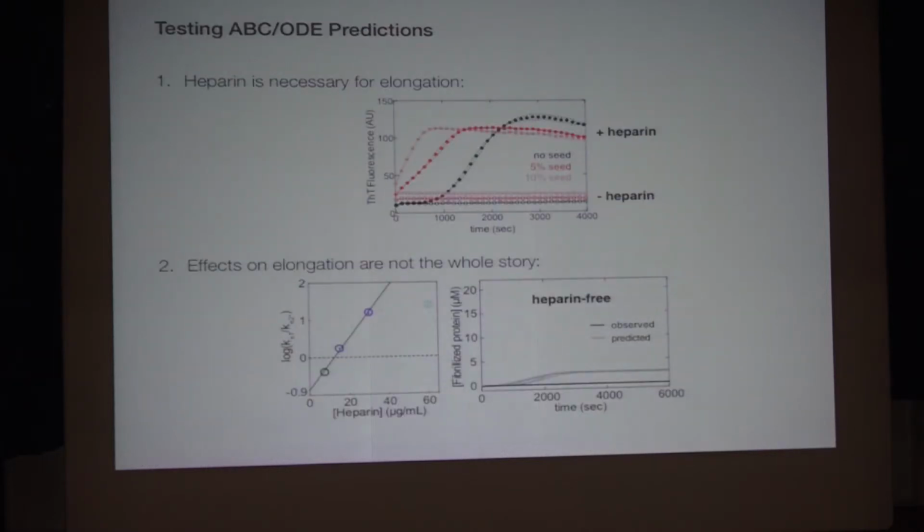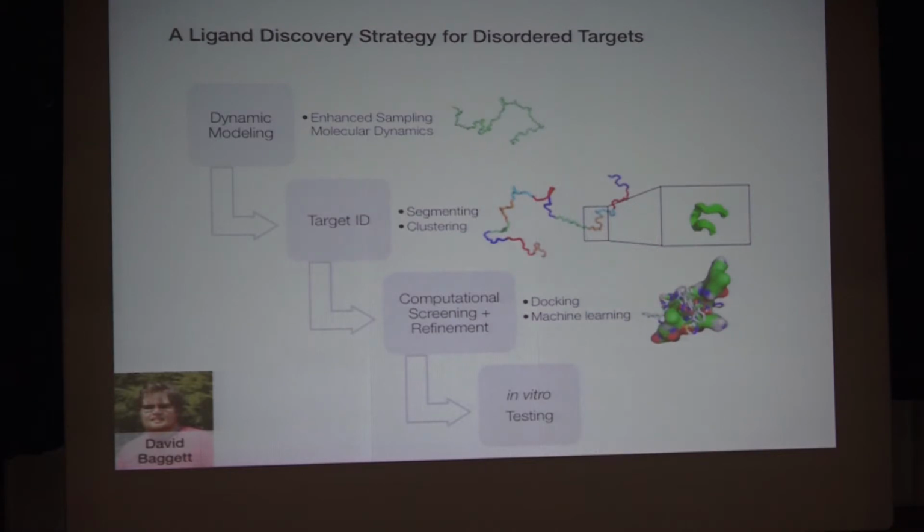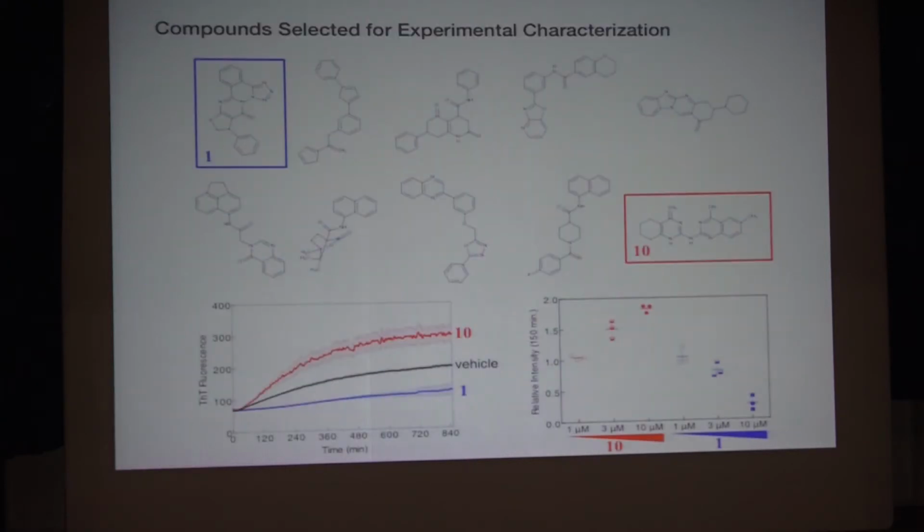And since I've got just about 30 seconds left, I'm going to skip ahead and say that we also have computational efforts in progress where we're trying to use computer simulations to model the ensemble of tau, identify within this ensemble locally structured states that are preferentially sampled that are potential drug targets, using these as drug targets, stepping through computational docking and machine learning driven screens, and ultimately ending up so far with 10 compounds that were generated by this computational pipeline, and in vitro have activity.